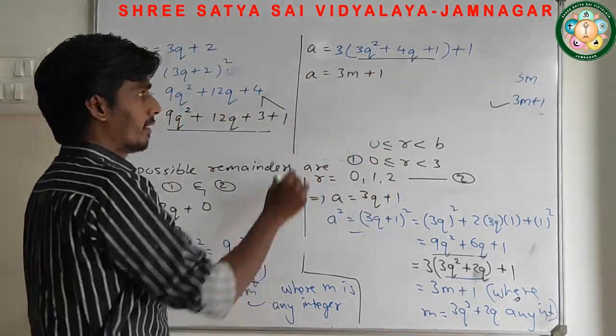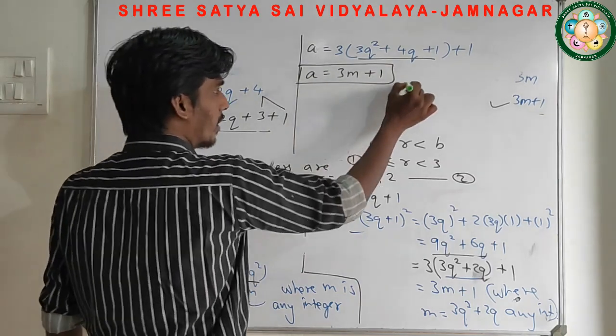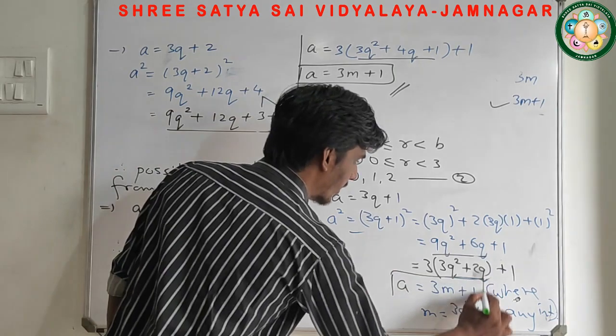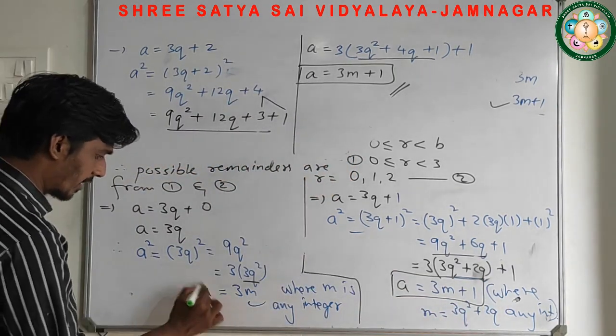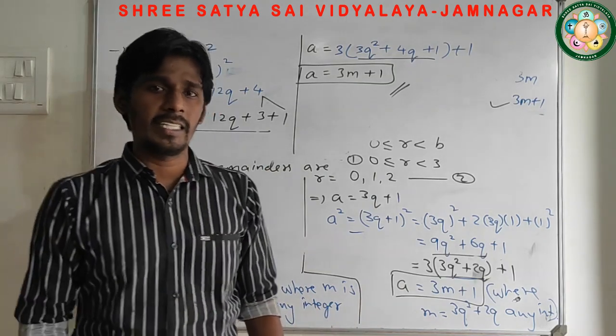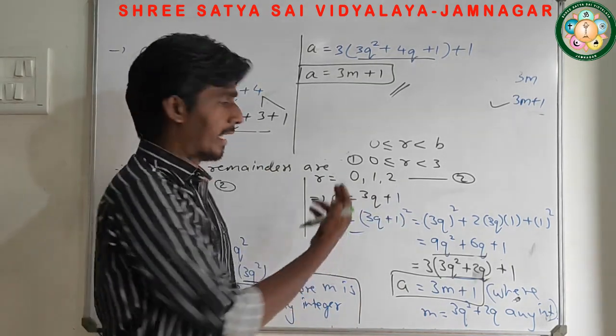This is a square. So this is the third condition. This is the second condition here. And here it's the first condition. So in first, second and third, have we got 3 conditions only? Because there are 3 remainders.